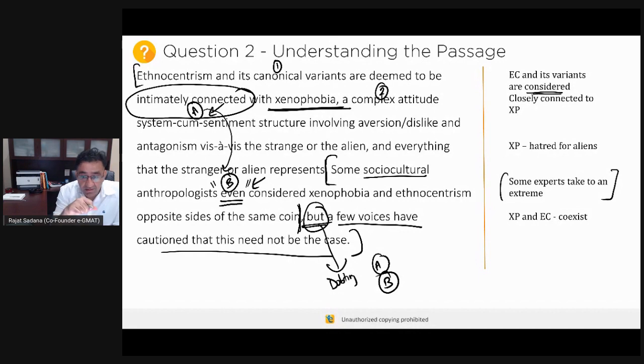A or B? Doubting A or doubting B? They're doubting B, right? They're saying, hey, they need not be that closely connected. The contradiction, but contradiction of what? Not of A, but of B. And that's really important to understand too. Again, small passage, so much information that needs to be extracted from it.